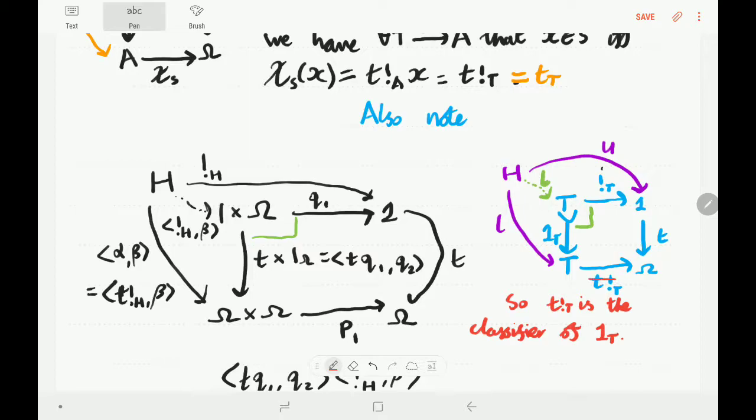Clearly this square commutes, and given any H with arrows U and L, which make the outer perimeter commute, we have that L is the unique intermediary arrow, which makes the whole diagram commute. So yes, this is a pullback square, and since 1 T is the pullback of T along T exclamation mark T, we have that T exclamation mark T is the classifying arrow of this identity arrow of T.